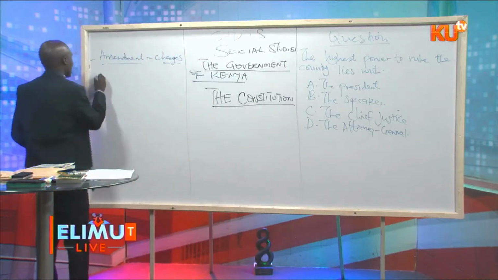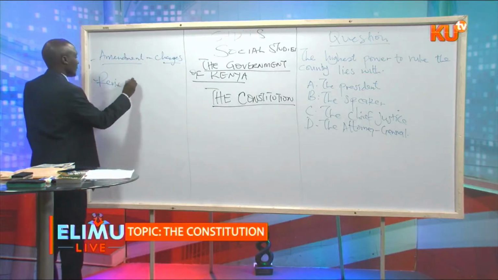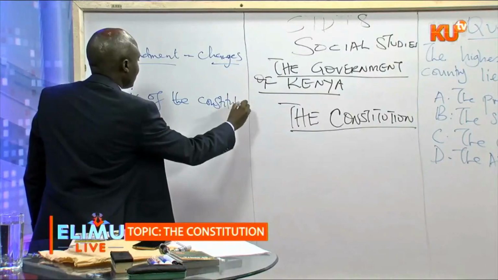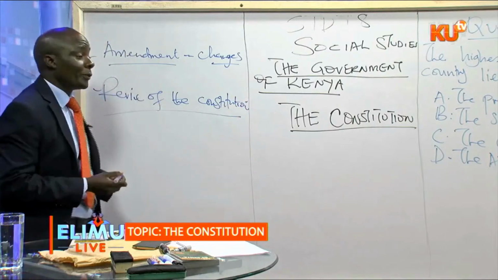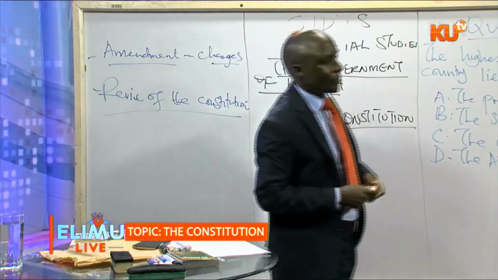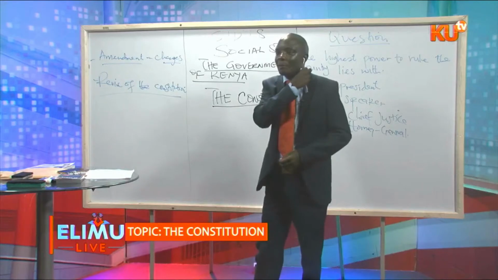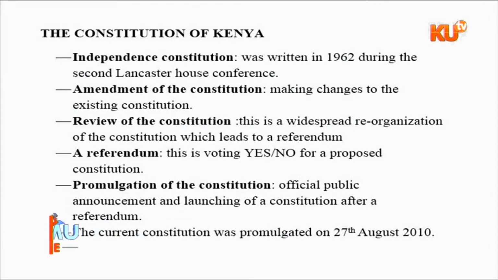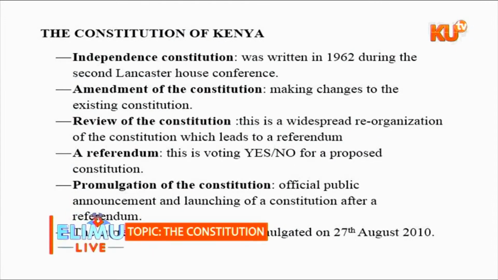A review is a lengthy process, which must involve the whole population of a country, whereby people are asked about their views on the current constitution and what needs to be changed.